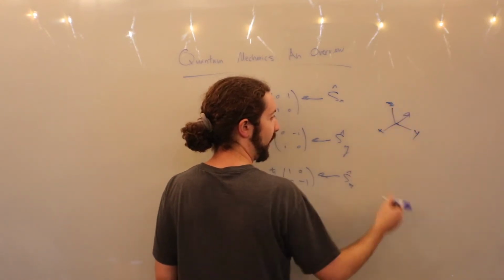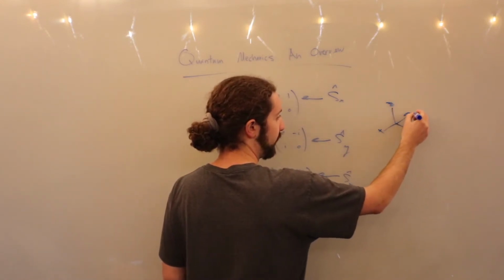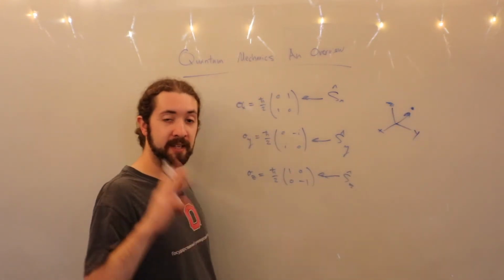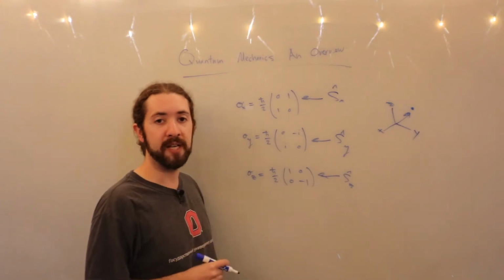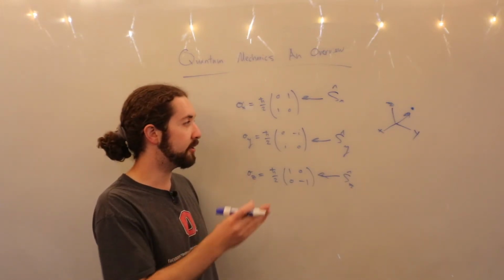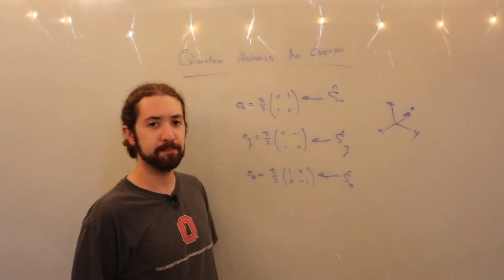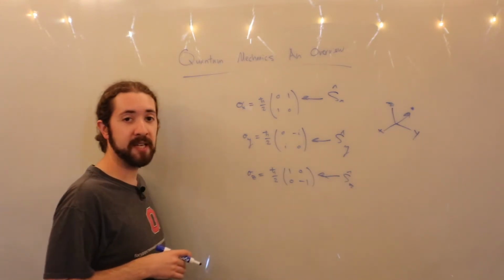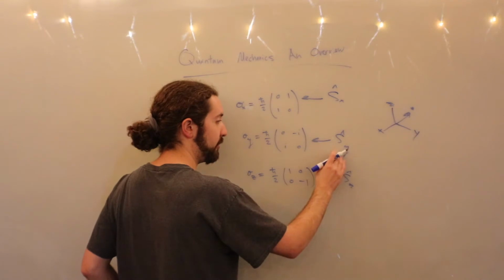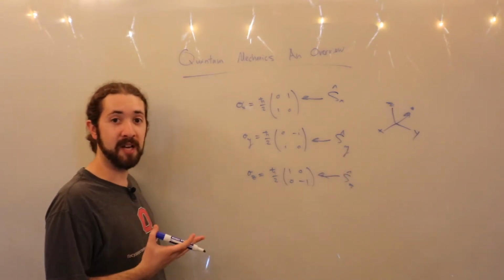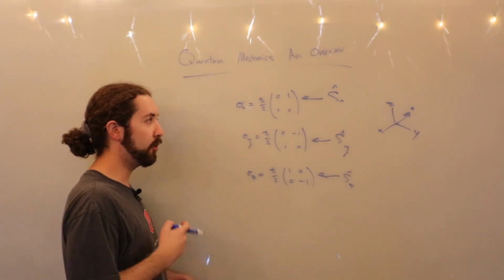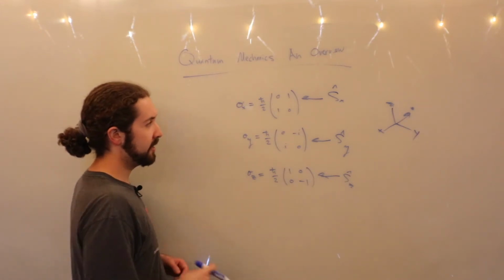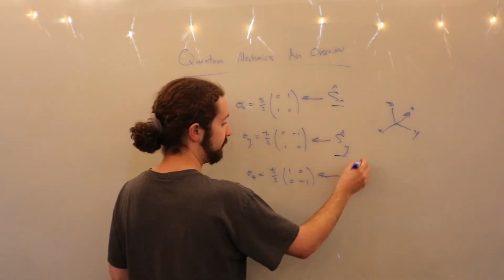So if I have some vector in 3-dimensional space, or you can think of it as a point with coordinates in 3-dimensional space, there are going to be 3 components we need in order to specify that location or that direction in space. For this reason, and for reasons which we will soon see, we cannot in fact even measure all 3 of these at the same time and have a meaningful value for them. We have 3 different operators.